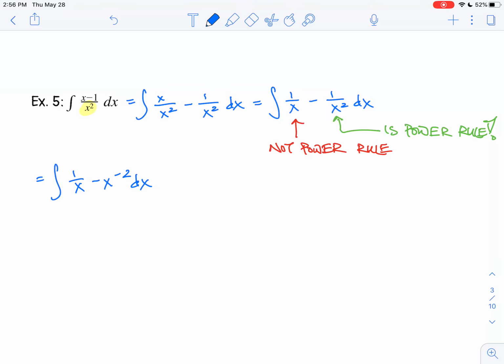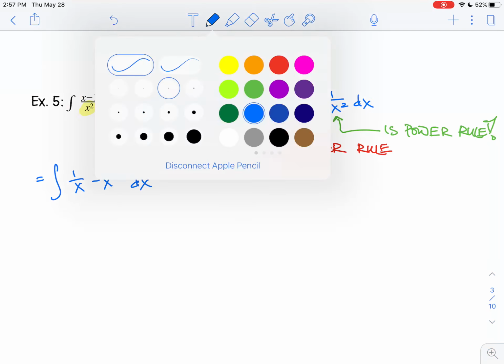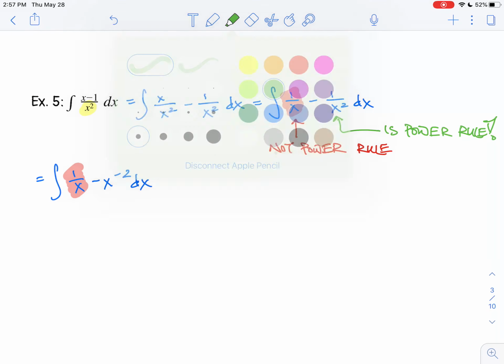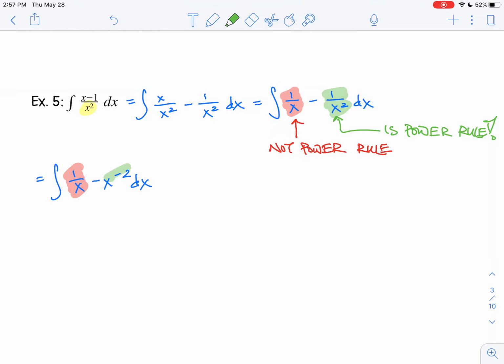All right, now that we have it like this, we can see that we're going to use the natural log for this one, okay? And then we're going to use the power rule for the second term.